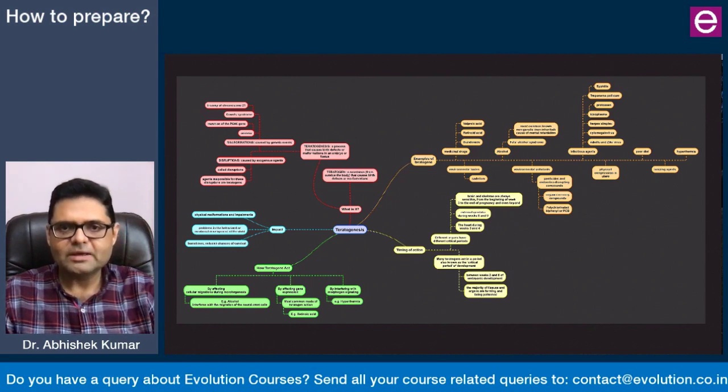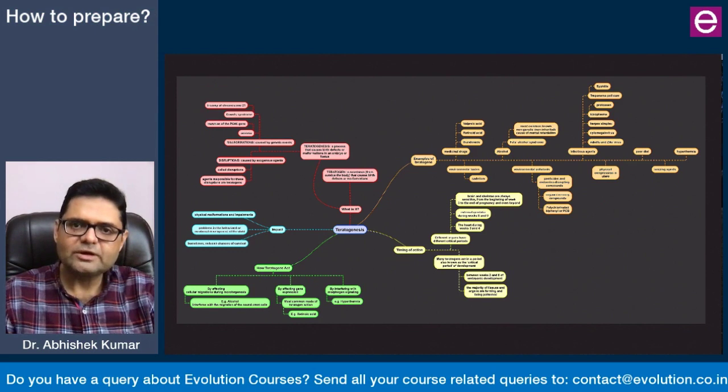Teratogenesis is a topic in developmental biology of Zoology optional paper 2. And there are two types of questions which are possible on teratogenesis. The first is a general open-ended question on teratogenesis.